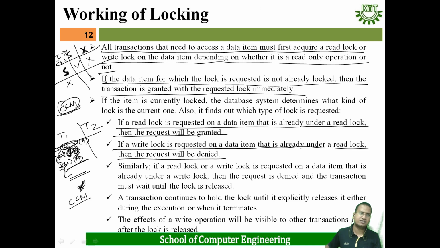If T1 has already applied a read lock on a data item and T2 wants to apply an exclusive lock, that cannot be allowed. If T1 has already applied an exclusive lock on a data item and T2 wants to apply an exclusive lock, that cannot be allowed. This is the summary of all four cases.